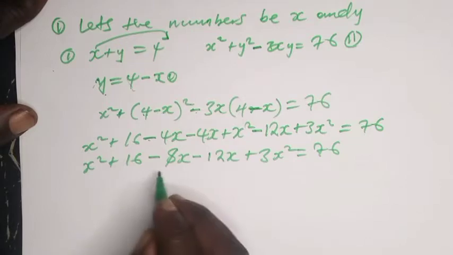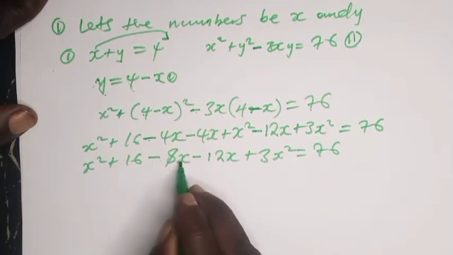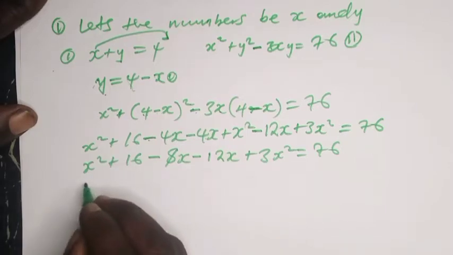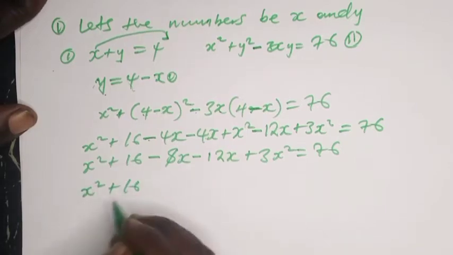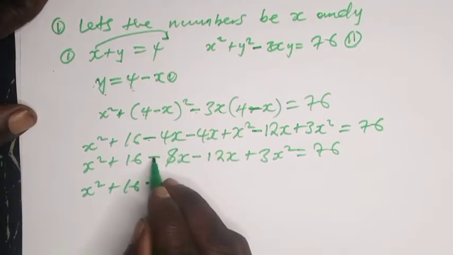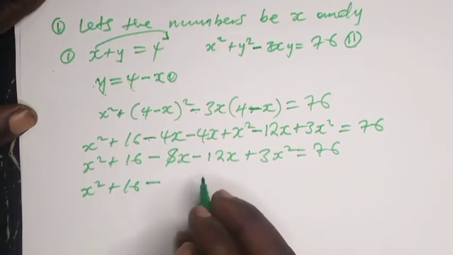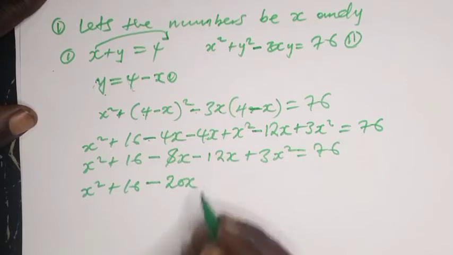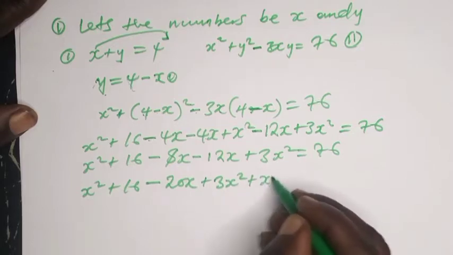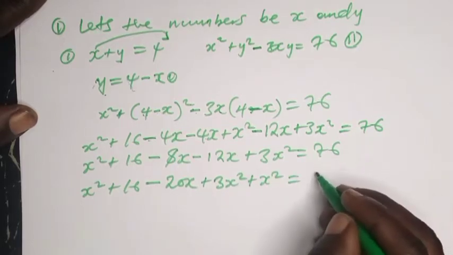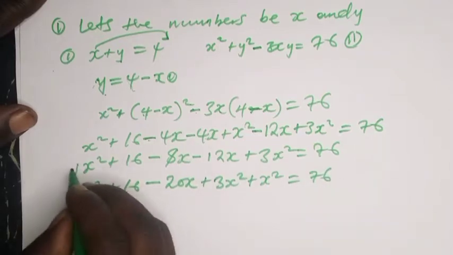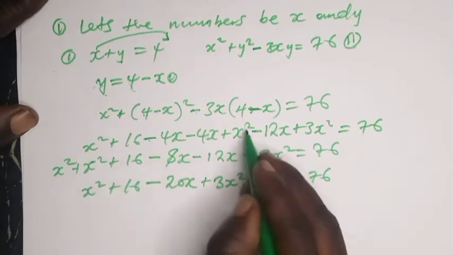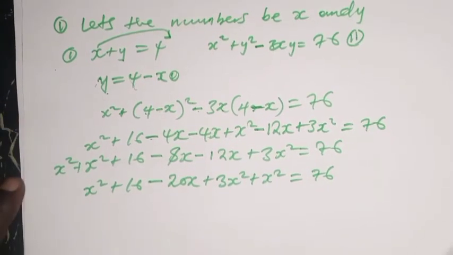Then we add negative 8x and minus 12x, then it will be x squared plus 16 minus 20x plus 3x squared equals 76.